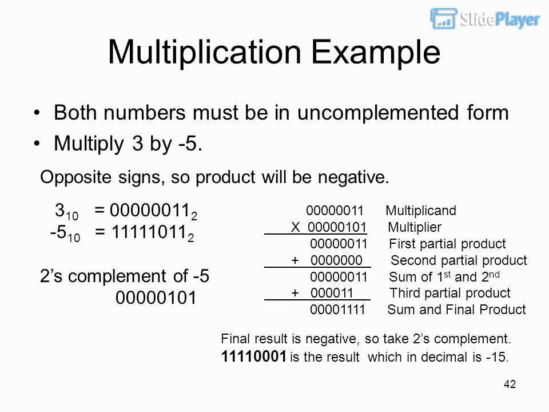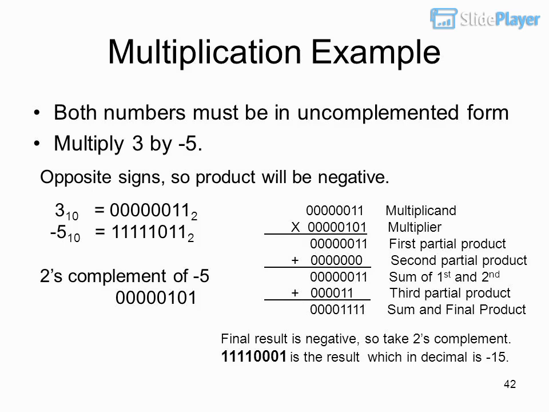Multiply 3 by minus 5. Opposite signs, so the product will be negative. 3 (10) equals 00000011 (2). Minus 5 (10) equals 11111011 (2), the 2's complement of minus 5, 00000101.